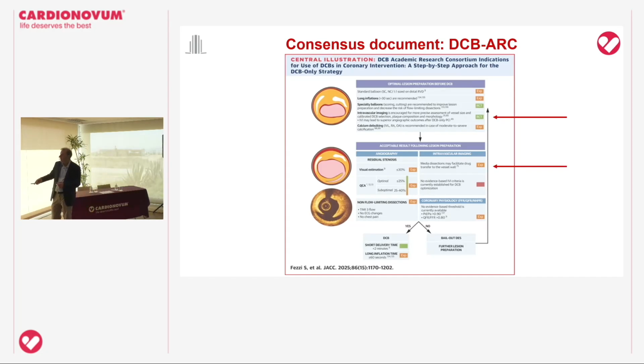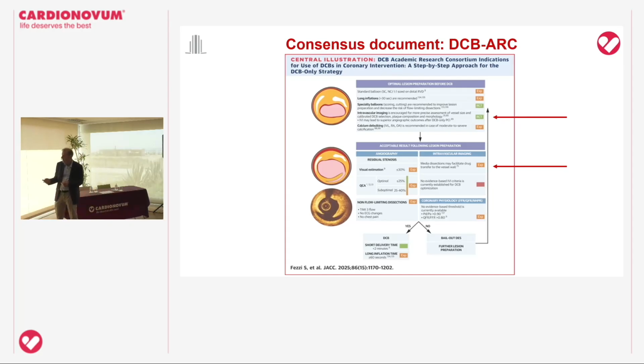This is a comment from experts showing that the media dissection may facilitate the drug delivery and drug transfer, and then can be used to apply DCB, or not to apply DCB and go for stenting.